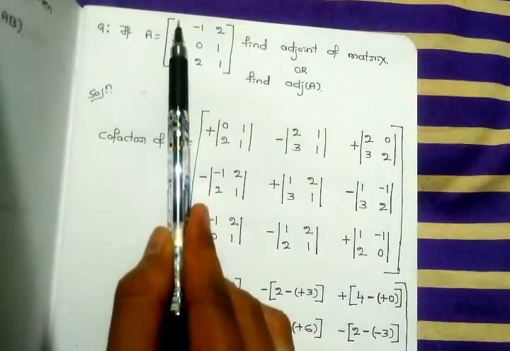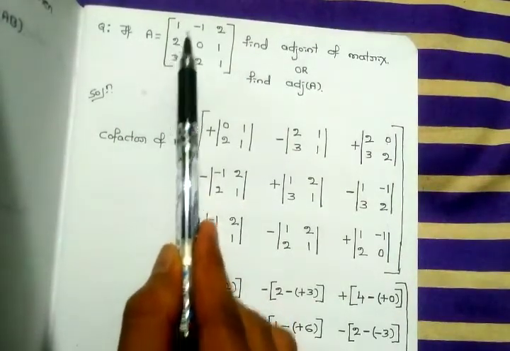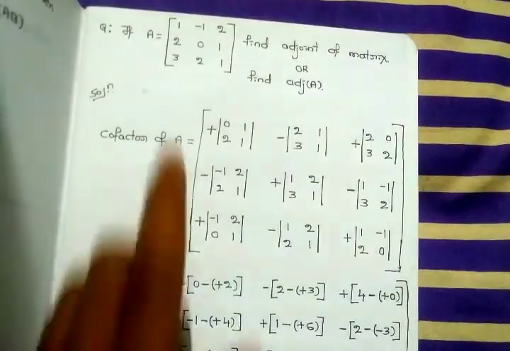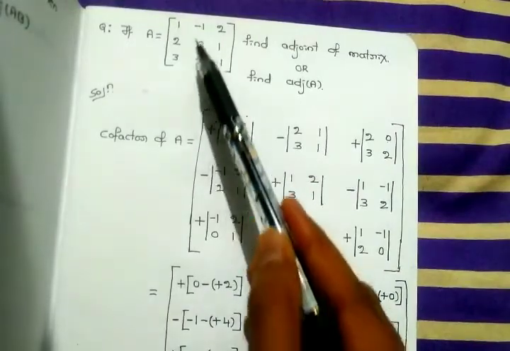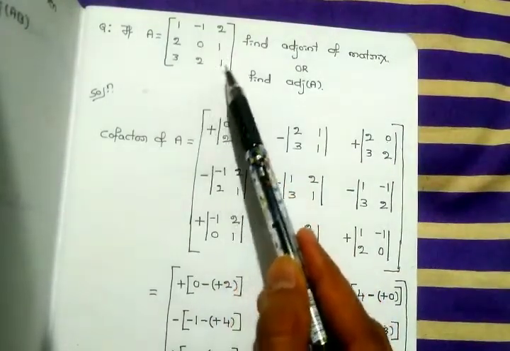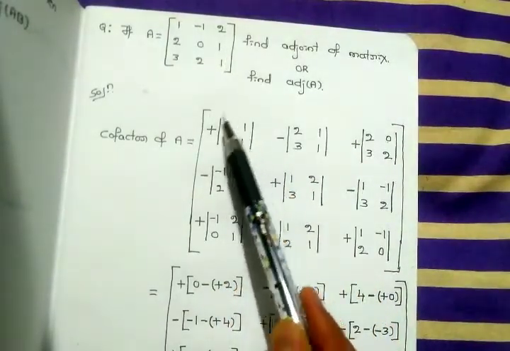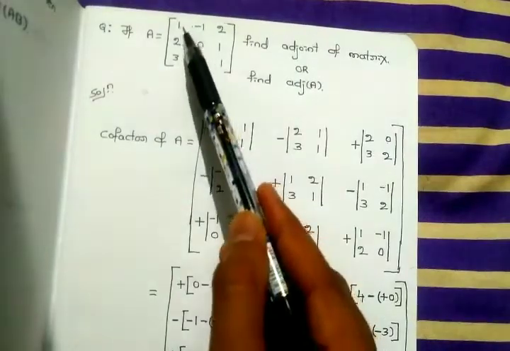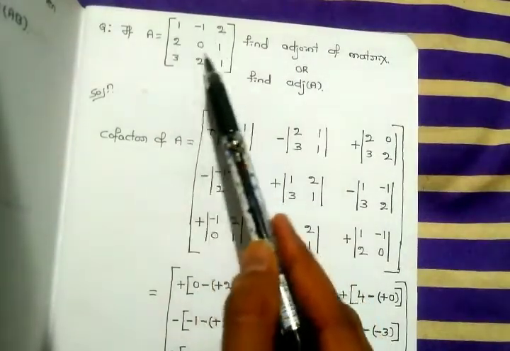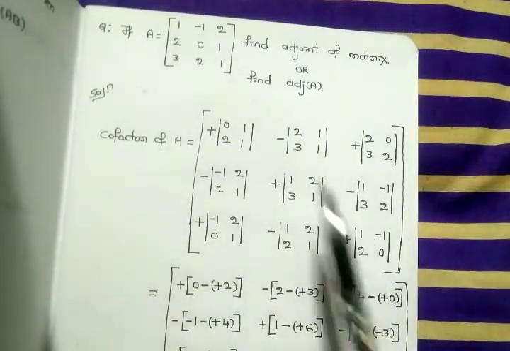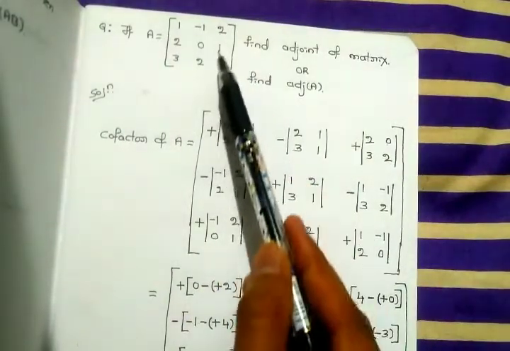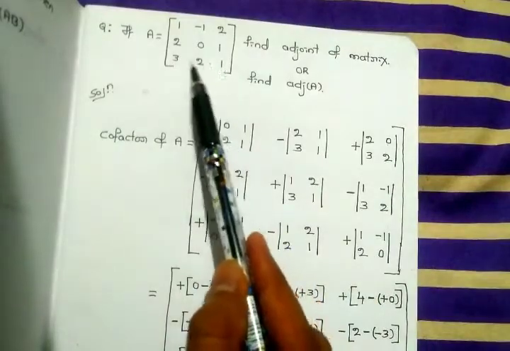Whenever you are taking the first element, delete that particular column, delete that particular row, but don't mention this 1 here, that is wrong. So leaving that one remaining element, you have to write it in a second order. Like this, you have to write all 9 cofactors here, for all 9 elements, by deleting particular column, by deleting particular row.